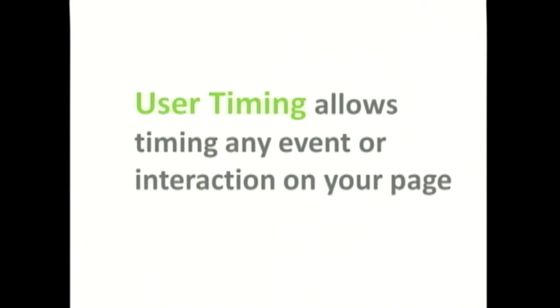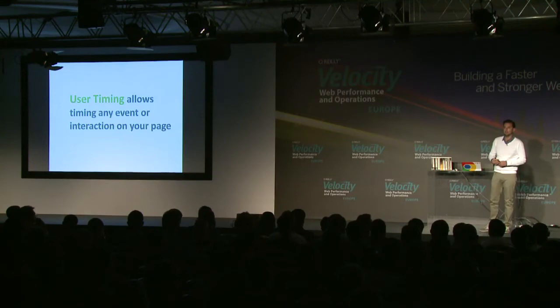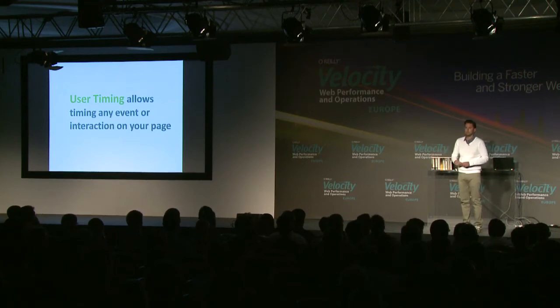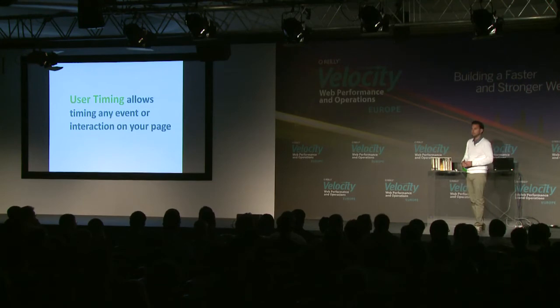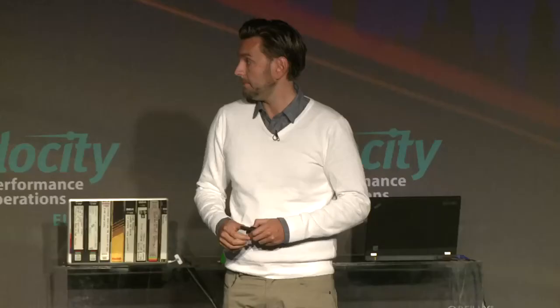You just add little pieces of JavaScript, using marks and measures, and figure out how long custom events take on your page. You can even do fancy things like, if you're using asynchronous AJAX interactions, typing something into a search field and waiting for the actual reply to come back, measure these things as well.